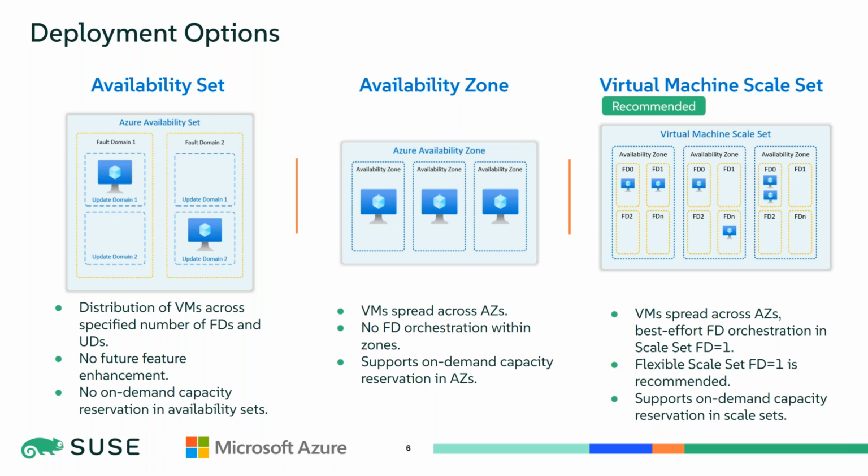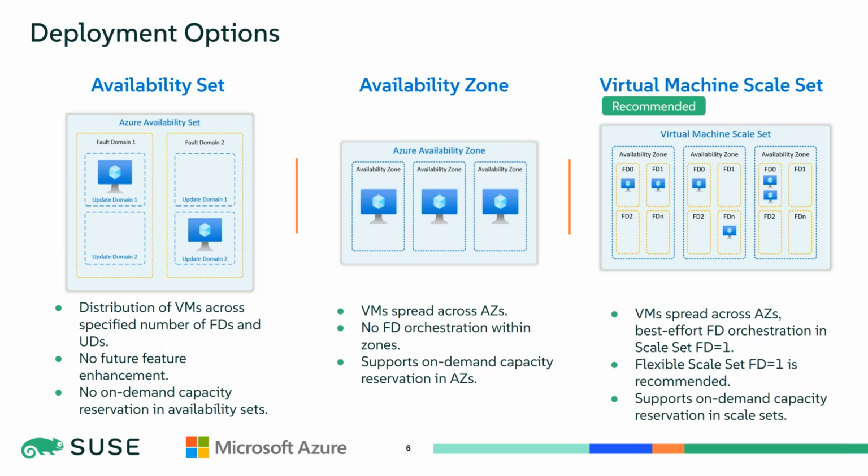In each rack you have different nodes, and each node is described as an update domain. When a VM is deployed in an availability set, the platform maintenance happens at the update domain level, so at any given point of time, no two update domains are updated at the same time.